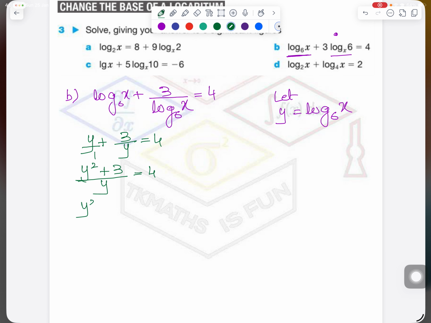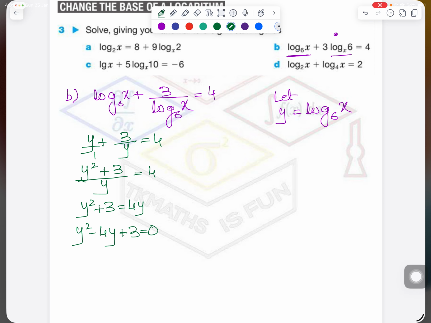It will become y square plus 3 equals 4y. It will become y square minus 4y plus 3 equals 0. So after that, I will factorize it, right?